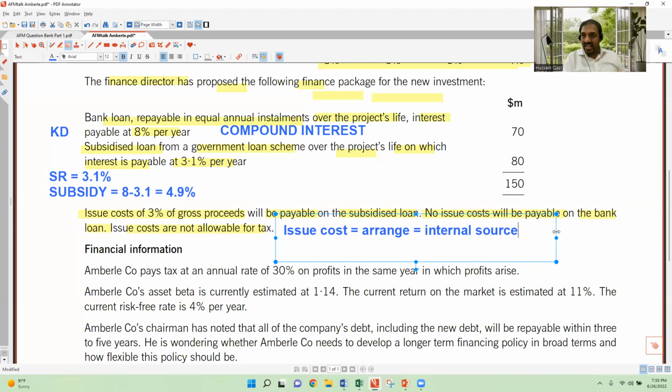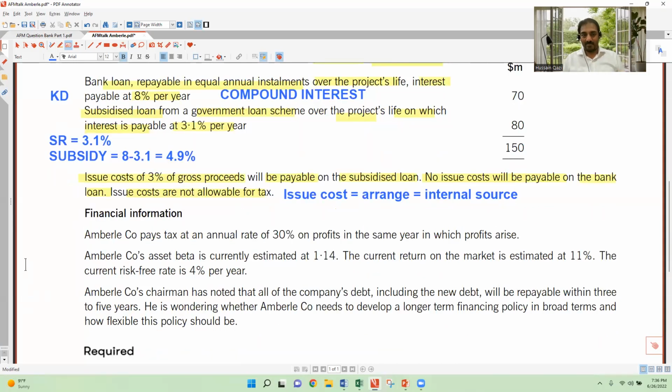The issue cost is relevant in all cases, but from an internal source it will not affect the debt or the tax shield. If the examiner is silent, you can take simple assumptions and make your exam easier.